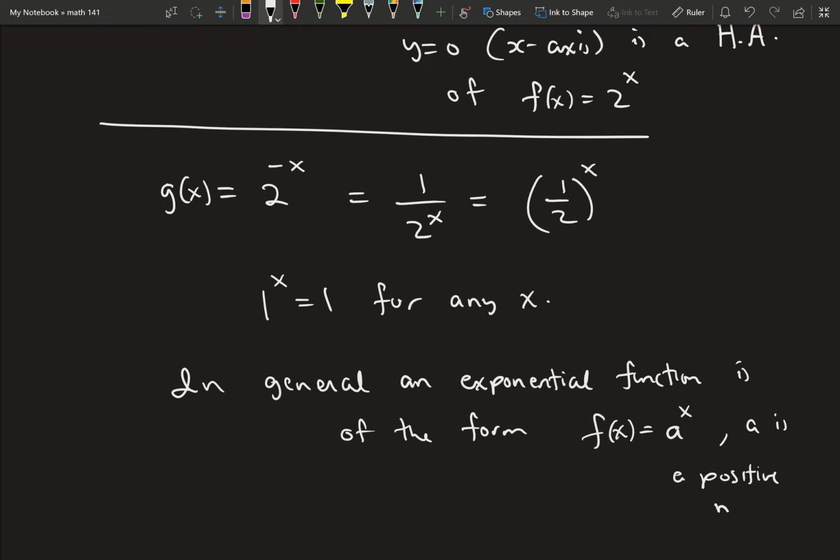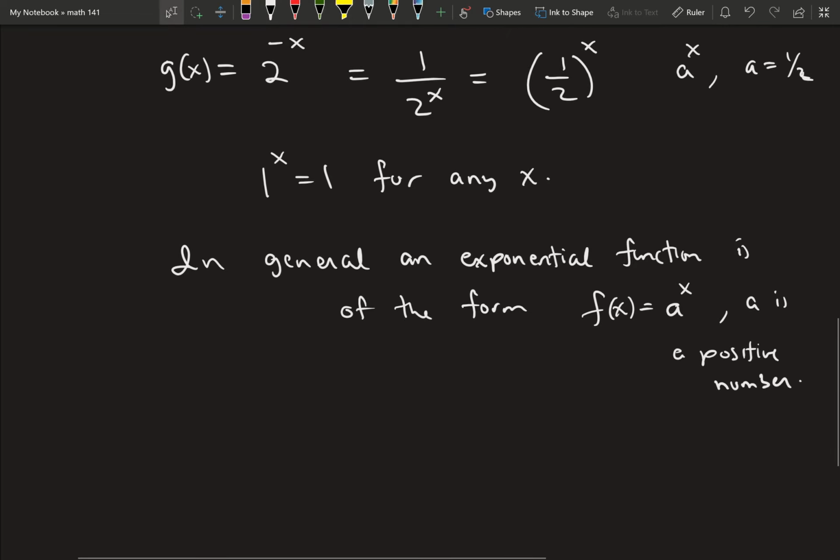Maybe some other time I'll tell you why we don't usually use negative numbers there, but for now we're just going to assume a is positive. So here, for example, we have a to the x, where a is 1/2. We'll do this in two ways.